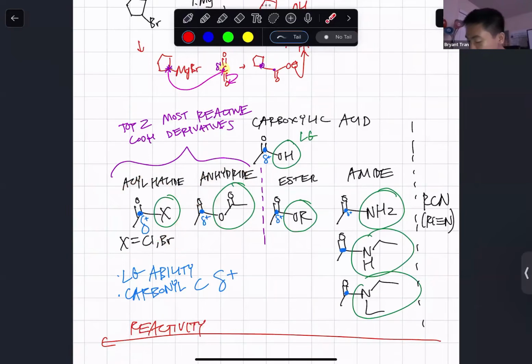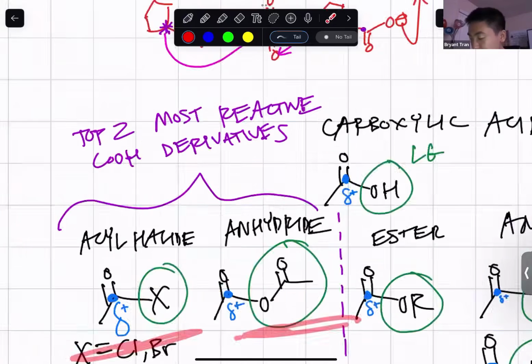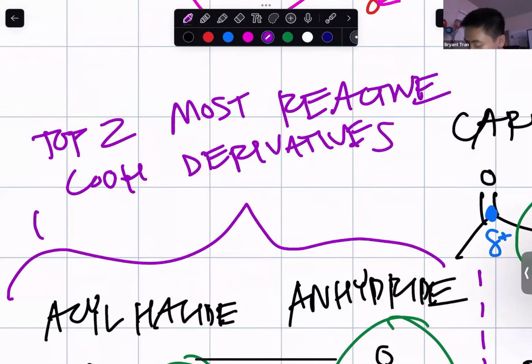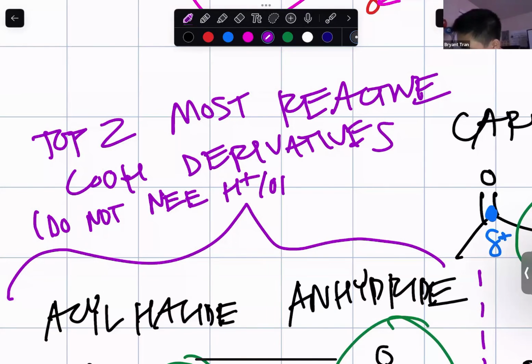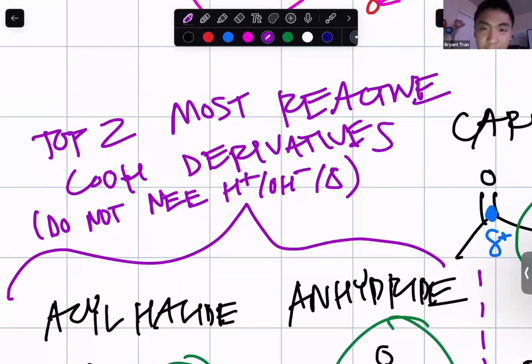Because they are the top 2 most reactive derivatives, when we try to react them with a nucleophile, they do not need acid or base or heat to do the reaction. They don't need extra energy. They could react in neutral conditions. Like if you put water in any of them, it could react. If you put alcohol in them, it could react. If you put amine in them, it could react. We don't need acid like H2SO4 to react. We don't need base like NaOH to react, right?